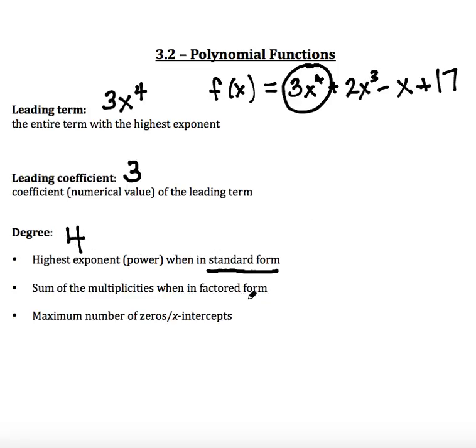Now, there are cases where sometimes you're going to get the polynomial in factored form. Okay, when it's in factored form, you have to add up the multiplicities to find the degree of the entire polynomial function. And degree is also important because it tells us the maximum number of zeros and x-intercepts for that particular function.